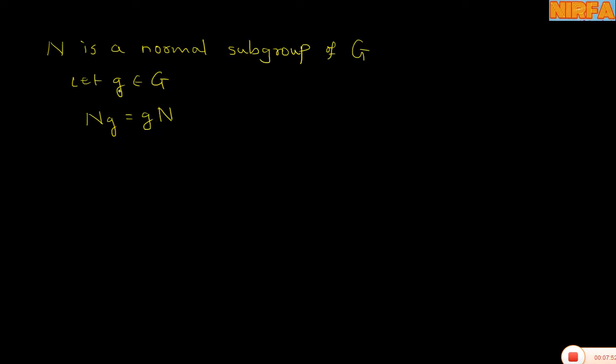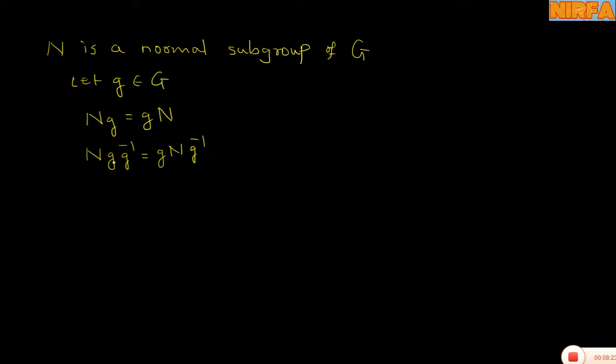Now, since g is a member of the group, the inverse of this g must be present in the group G. And therefore, we can multiply g inverse to this equation from the right side. Therefore, we are getting Ng into g inverse is equal to gN and g inverse.